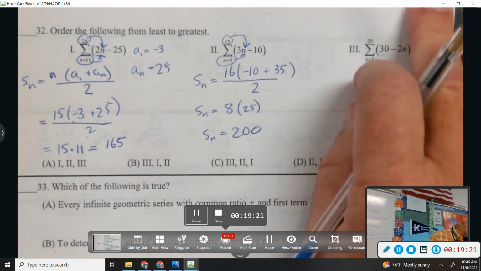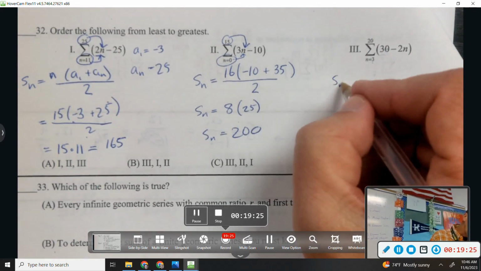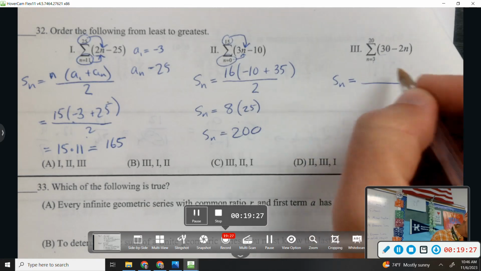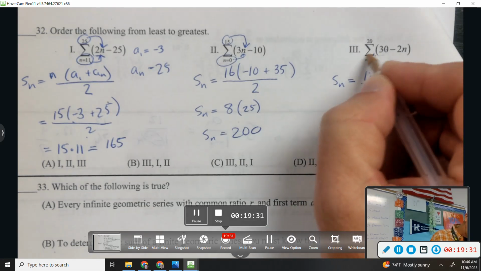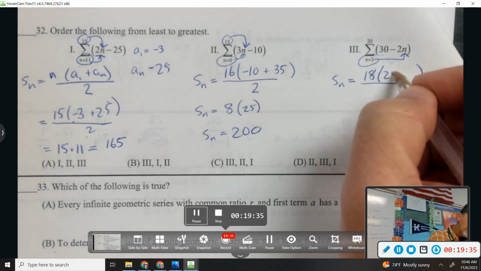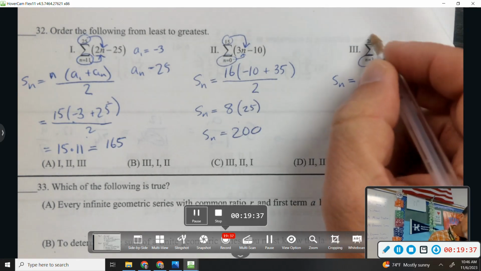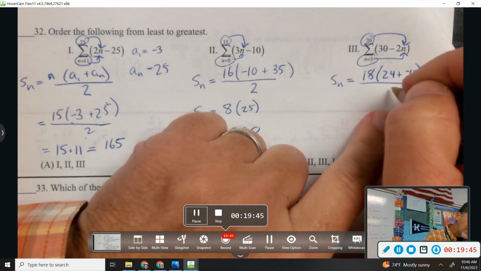And then lastly, from 3 to 20, how many terms are there? 18. First term is 30 minus 6, 24. The last term is 30 minus 40. That's negative 10 all over 2.